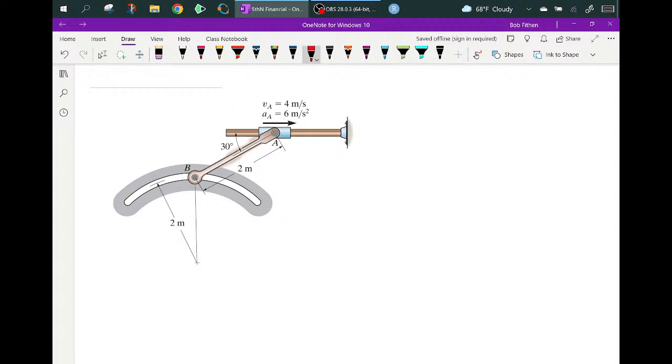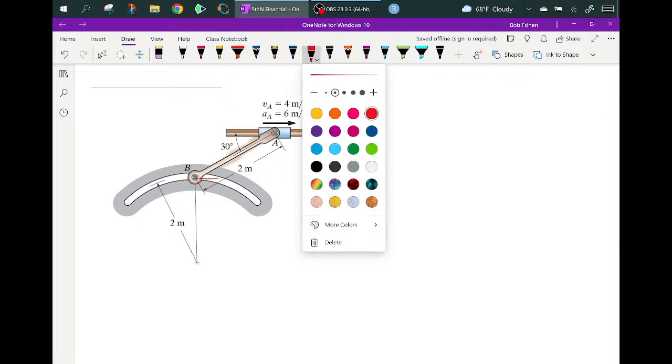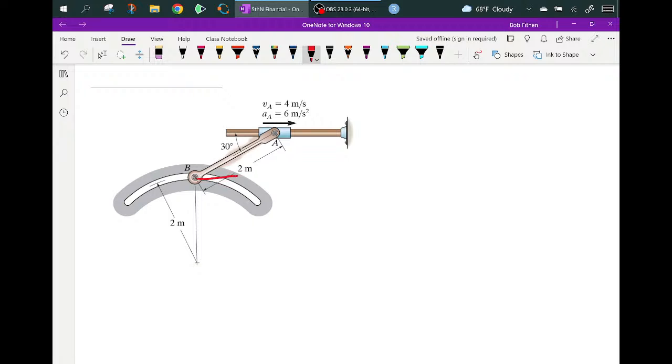So we started this with the concept that we found out.